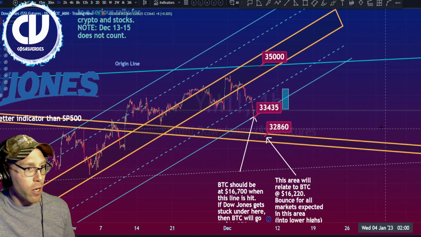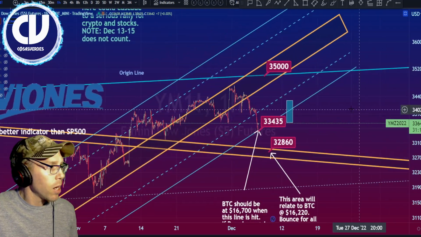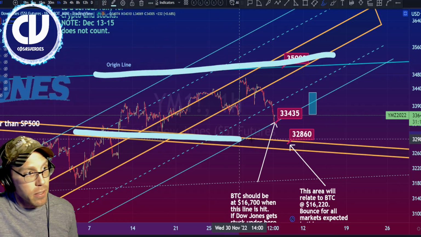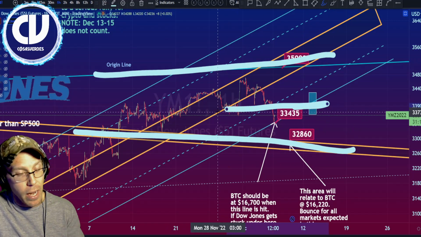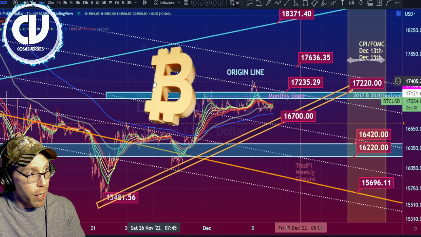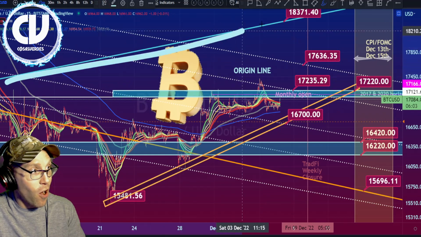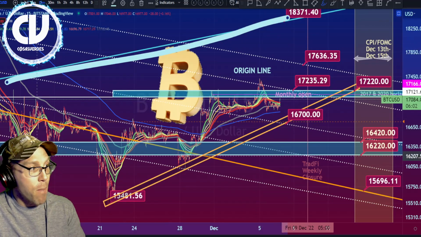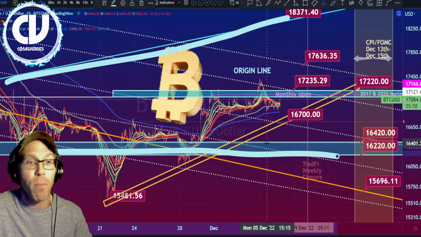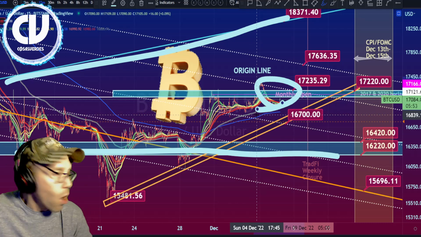And remember, these are our two major lines, and this is the middle, right? And then Bitcoin, major origin line, also an origin line, major horizontal. Are we also just under the middle? Huh. Is that a coincidence?